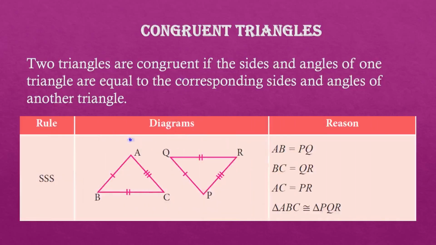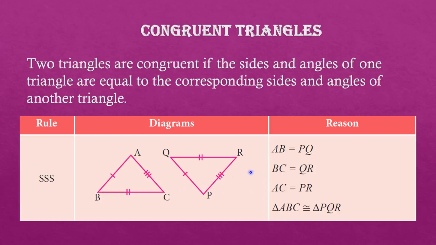See this, the first rule is SSS. Here SSS represents side, side and side. See this diagram. Here two triangles are given. The names of the triangles are ABC and PQR. We are going to say these two are congruent triangles.